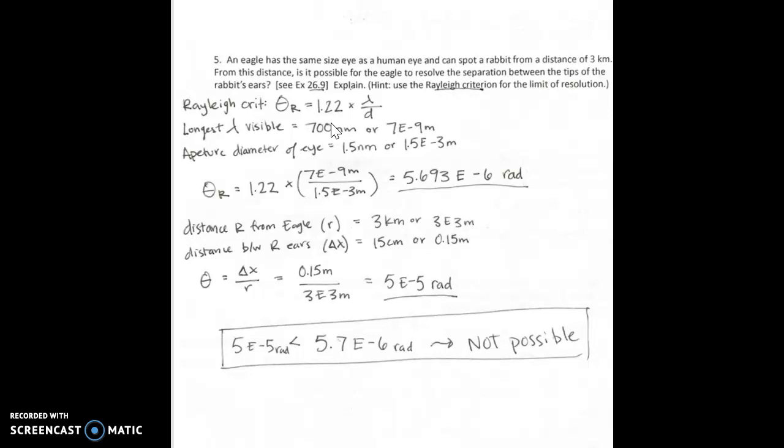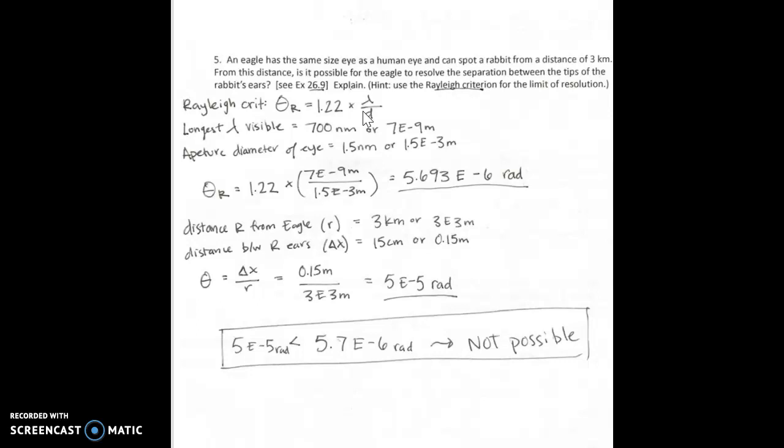theta possible? So when I plug in, we know that the longest wavelength visible is 700 nanometers, and we know that the aperture or the diameter of the eye is something around 1.5 nanometers.